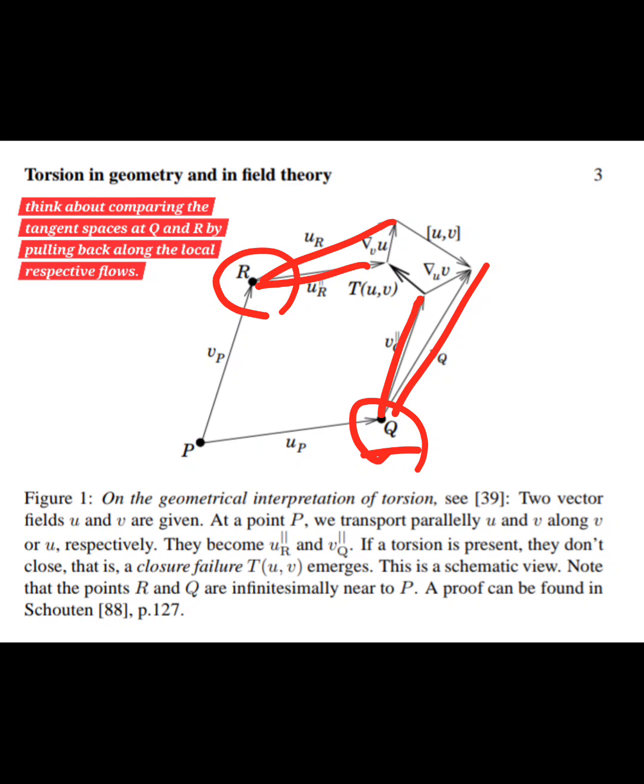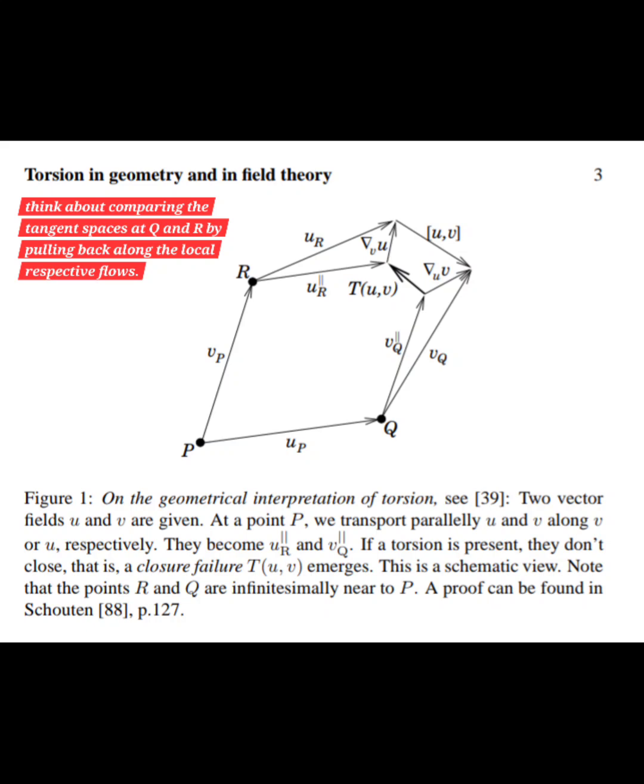Now I want to compare them to get the Lie derivative, which I'm going to put in here in yellow, and I'm also going to compare these other two vectors to get the torsion. And so how do I compare them? Well, as I've written here, I don't fully know.